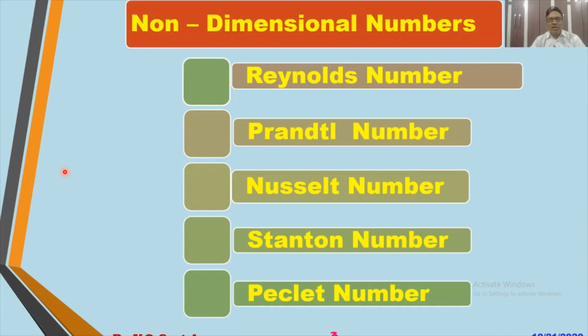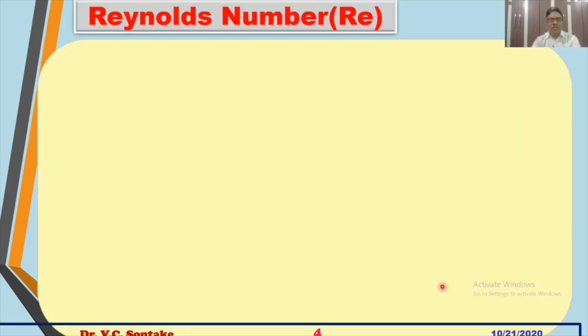Following are the non-dimensional numbers which are important from the forced convection heat transfer point of view: Reynolds number, Prandtl number, Nusselt number, Stanton number and Peclet number. Let us discuss all these non-dimensional numbers one by one, starting from Reynolds number.